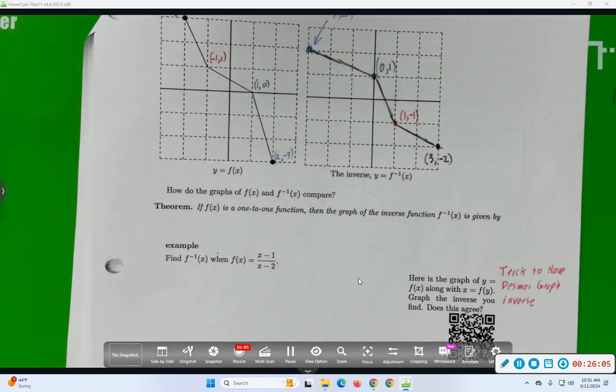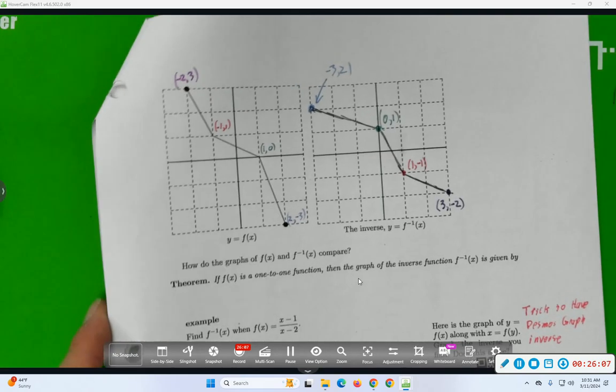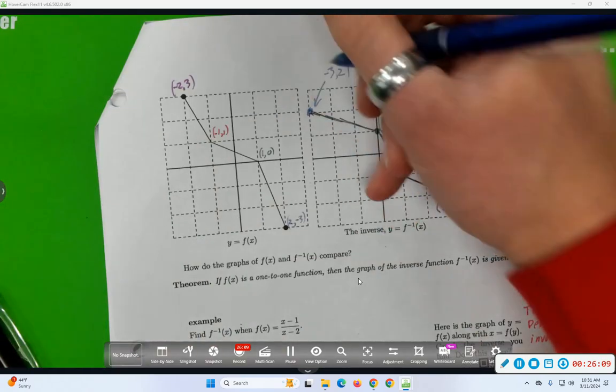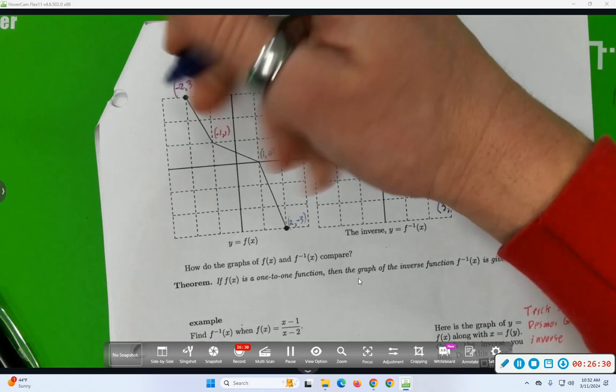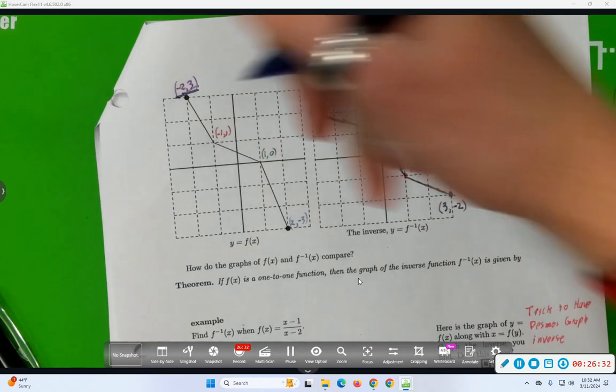Groovy. So there's the graph of the inverse. And let's see if we can recognize some features of these two graphs. How do those two graphs compare to each other? Let's maybe even think about the color coding. Oh, I used a different purple for the two purples.